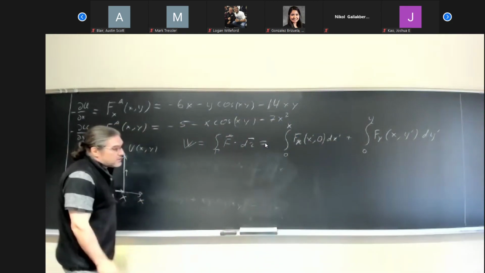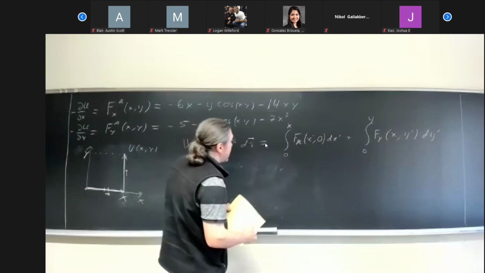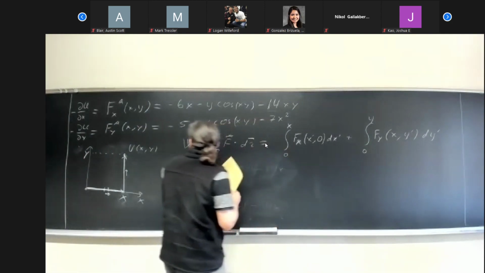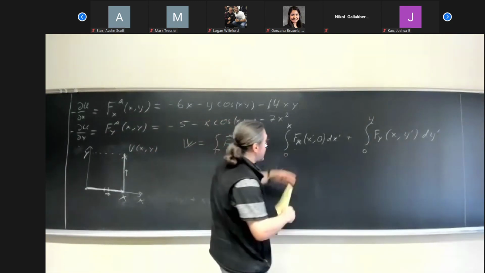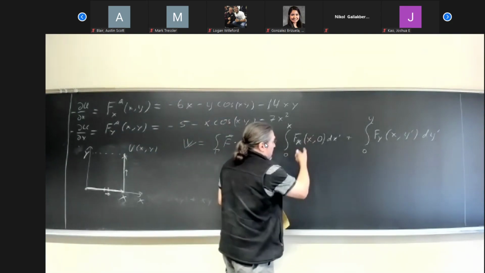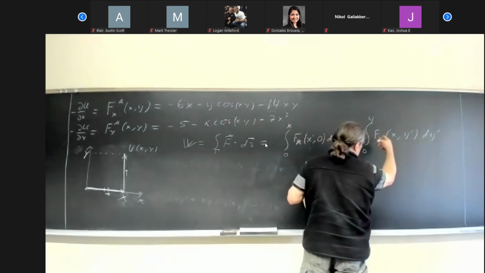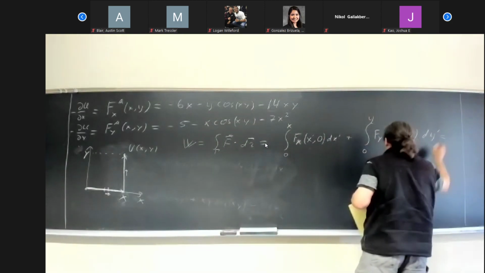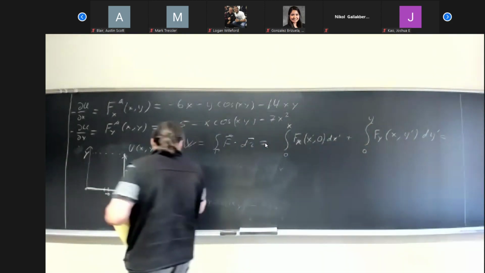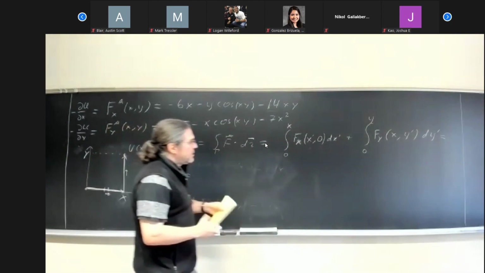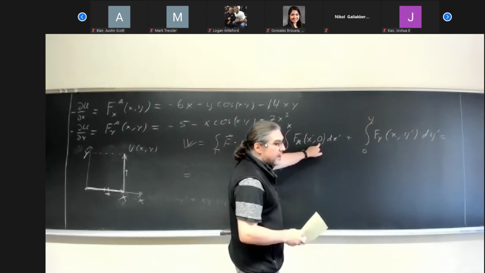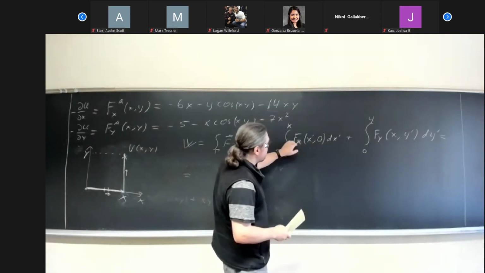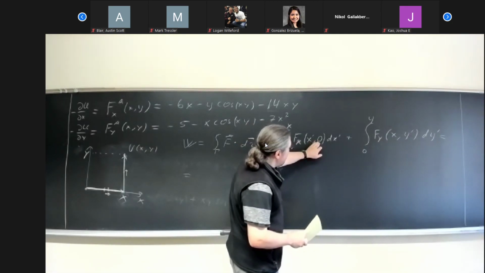All right. So I proceed. I now take my force, the x component of the force, which I know, and I substitute it there. And what I have is the following. I have now f of x, while y equals 0, so in the x component of the force I need to plug y equals 0.